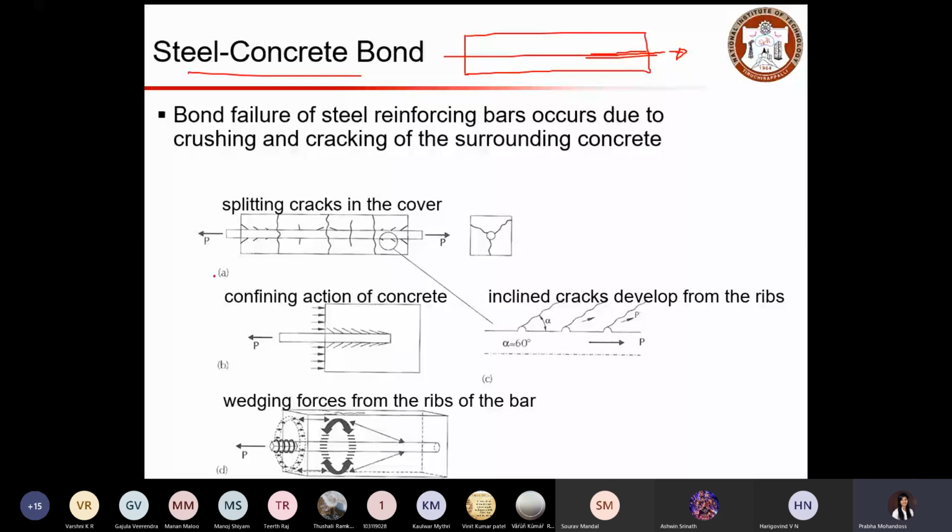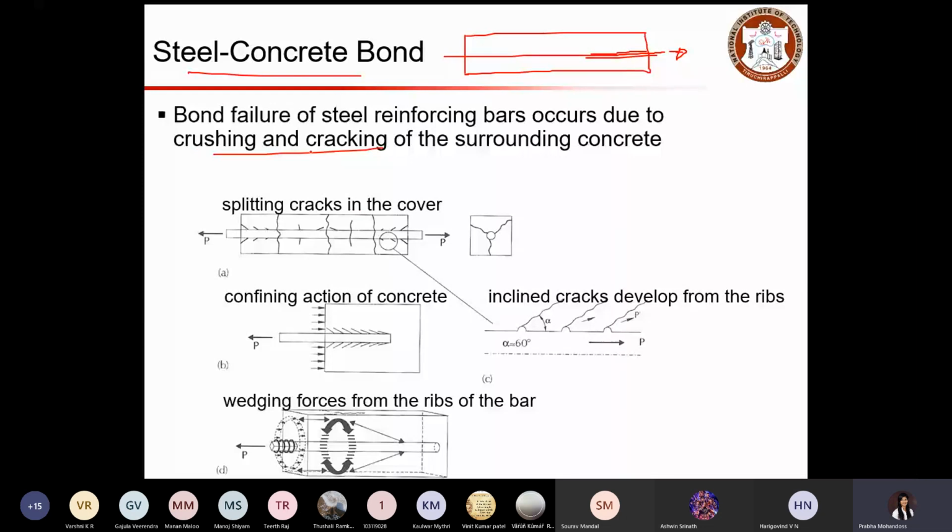The bond failure of a steel reinforcing bar occurs due to crushing and cracking of the surrounding concrete. When you pull this out, stress is induced at the interface, and the steel gets detached from the concrete, so the interface gets damaged and bond cracks occur. When the stress is so high and the concrete cannot crack, the concrete will start crushing. So most often the failure will be in the nature of crushing and cracking.